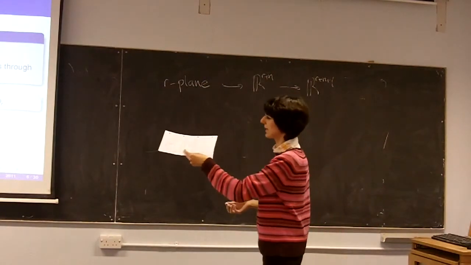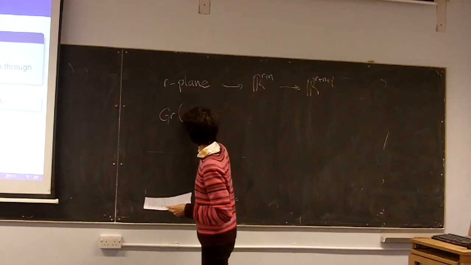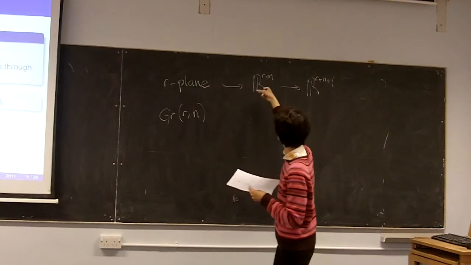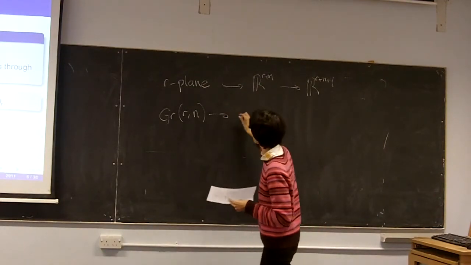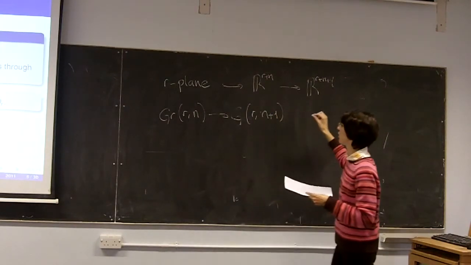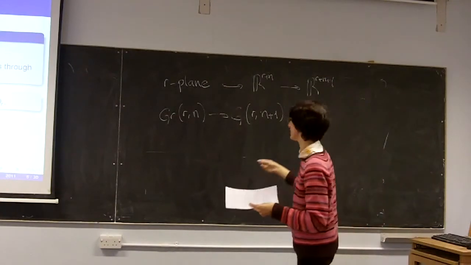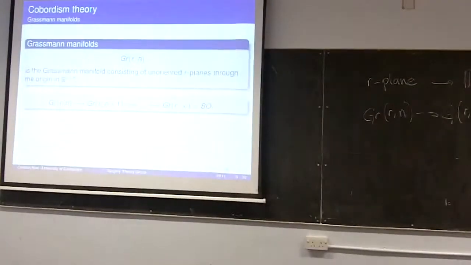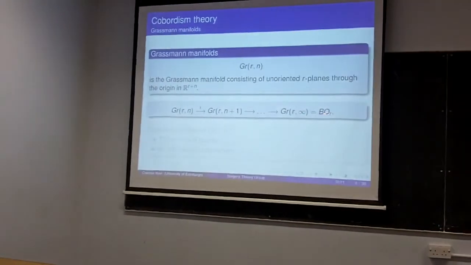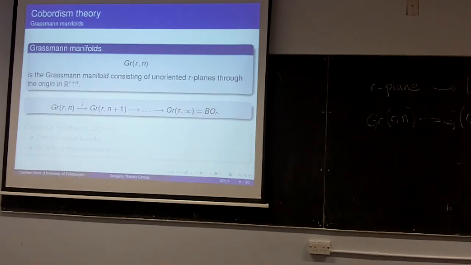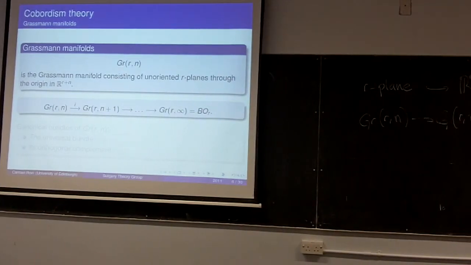So that's what we are saying here: the Grassmann manifold of R-planes can be included in R of dimension R plus n, but it can also be included in a very natural way in R plus n plus 1. And if we let that go to infinity, we have this here, which is just the BO(R) that we met the other day, and it's the classifying space. It's also called the classifying space of principal O(R) bundles.